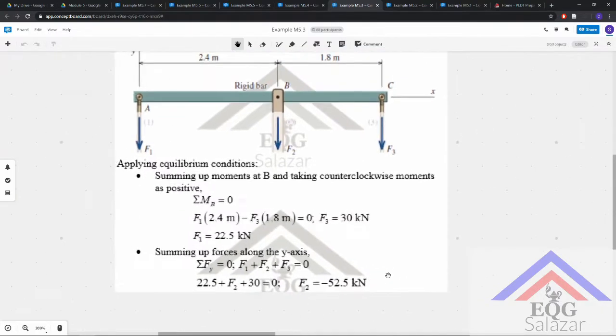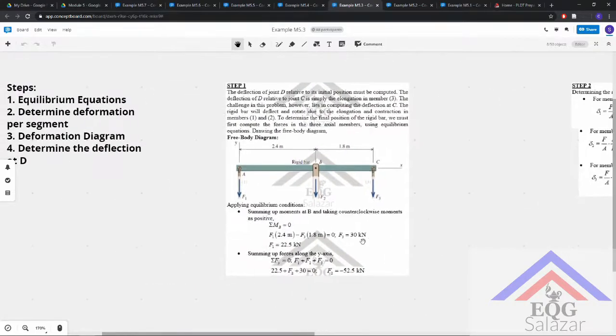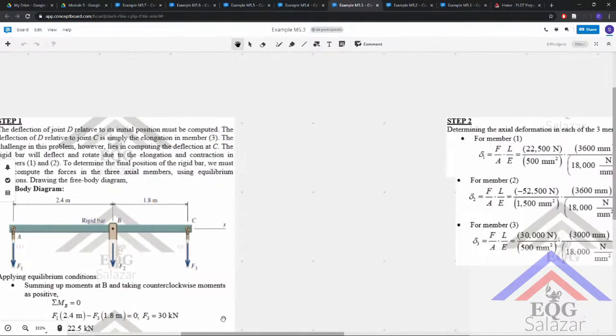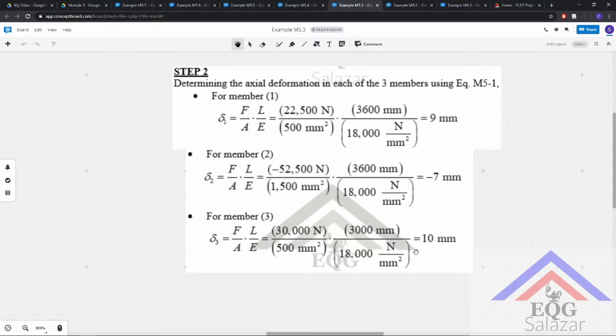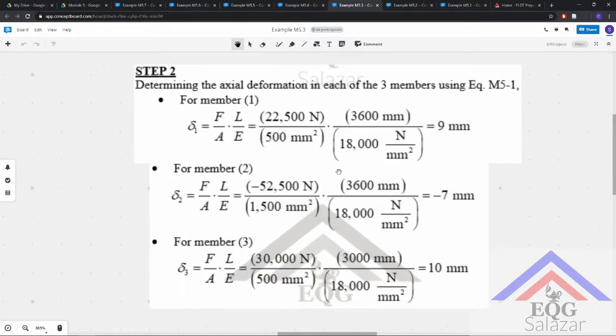Judging by this, we will determine the axial deformation in each of the three members, applying equation M5-1. For member 1, 9 mm elongation. Member 2, negative 7 mm, or 7 mm compression. And for member 3, 10 mm elongation.